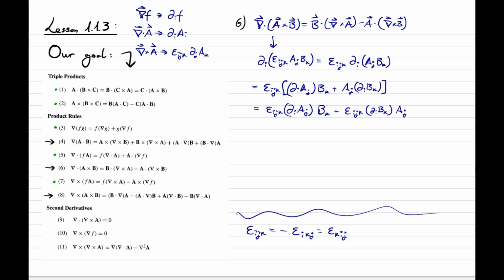So we can change the first one by this very same thing, epsilon kij with del i aj. And now for this other one, we can write epsilon ijk as minus epsilon jik.